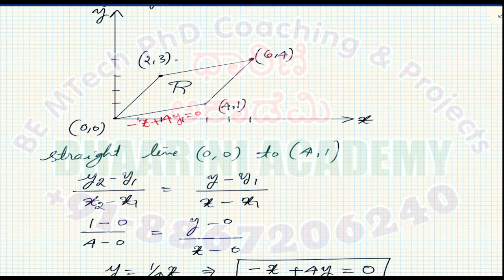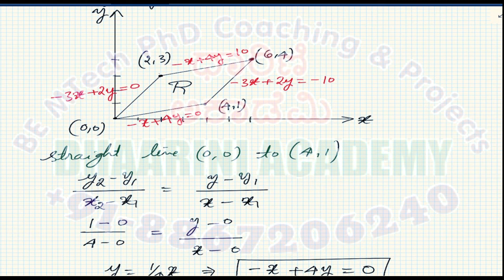So the top equation comes to be minus x plus 4y equals 10. The equation of the one on the right side comes to be minus 3x plus 2y equals minus 10. And the left side, the equation comes to be minus 3x plus 2y equals 0.